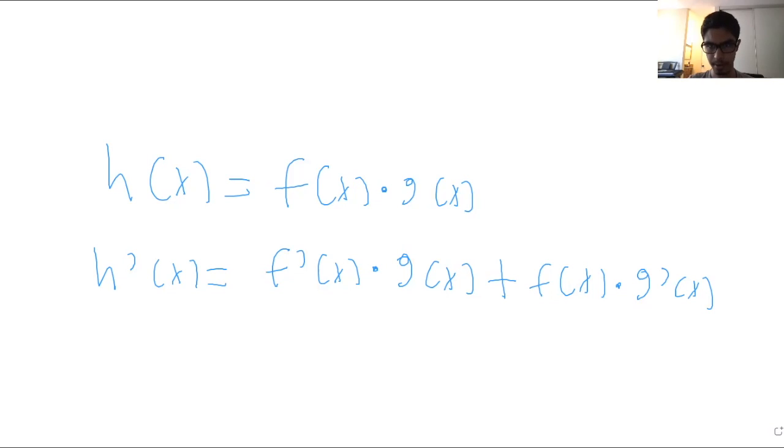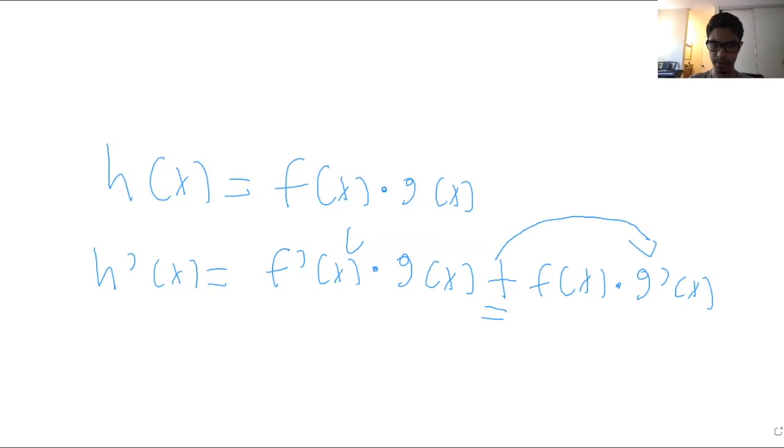I like to think of the addition sign as a boundary, separating the derivative of one of the functions, if that makes sense. We'll go over an example of how to do this, but again, just keep in mind that we need to take the derivative of either f of x or g of x on one side of the addition sign, which was f prime of x on the left. And then on the other side, we need to take the derivative of the other function, which was g prime of x. So let's go analyze an example of this.